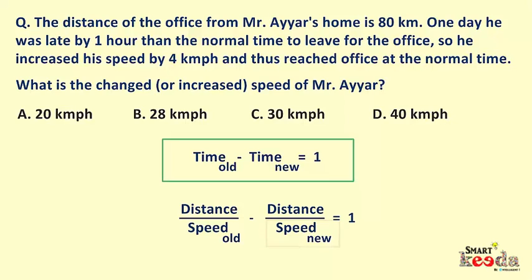Now we know that the new speed here is actually the increased speed of Mr. Iyer, and now we can use hit and trial method to solve the equation to find the required speed. So on putting 20 km per hour, which is the option A, in place of new speed, we get 80 upon 16.